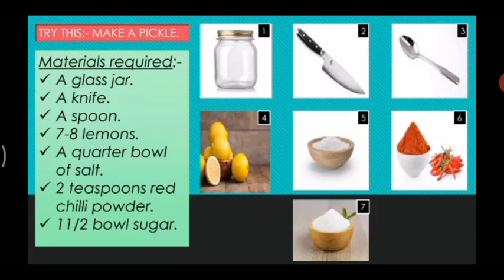Sometimes if you don't want it spicy, then you must not use the chili powder. Or if you want it more spicy, then you can use more chili powder. If you want more sugar, then you can use more sugar, or if you don't like sugar, then you can use less. As per your taste, you need to prepare it. You can see the things that are required in the given slide. Okay, let's move forward.